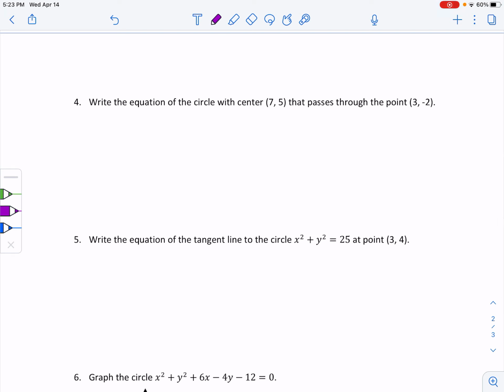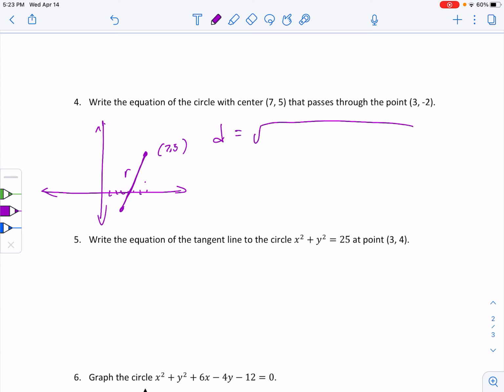Write the equation of the circle with a center at 7, 5. Okay, so I've got to remember to use my smaller scale. So 1, 2, 3, 4, 5, 6, 7. 1, 2, 3, 4, 5. There I am at 7, 5. 1, 2, 3, -2. So this is a radius. Okay, that's r. So I've got to know the distance. So the distance formula: square root of (5 minus -2) squared plus (7 minus 3) squared.